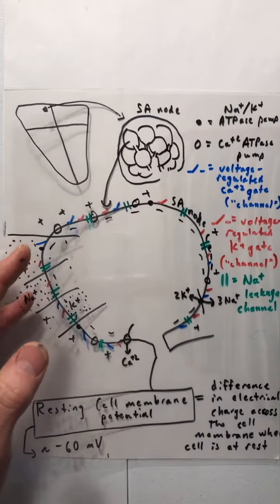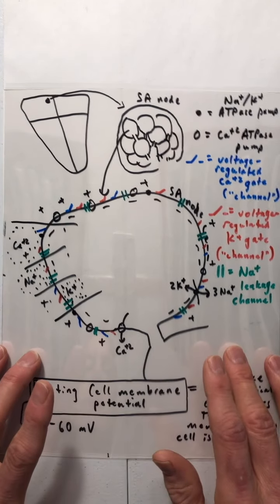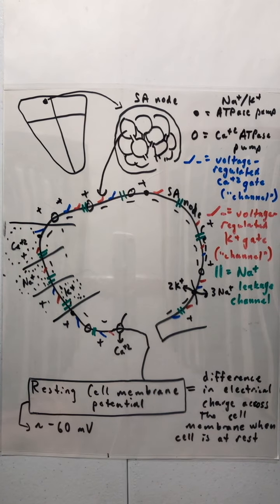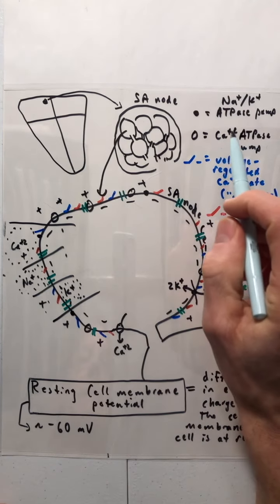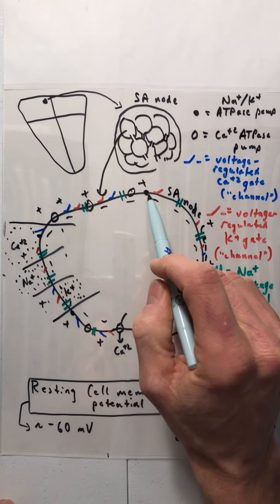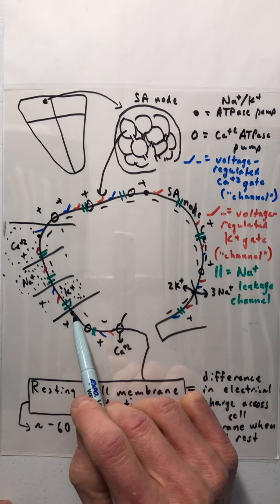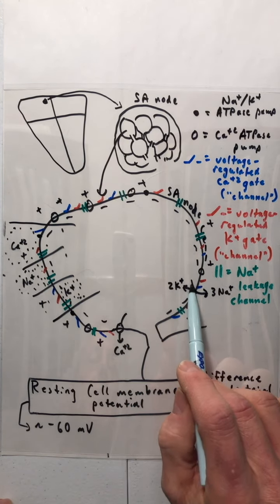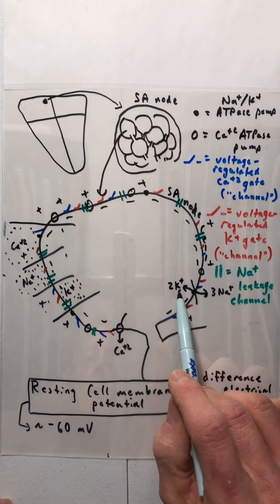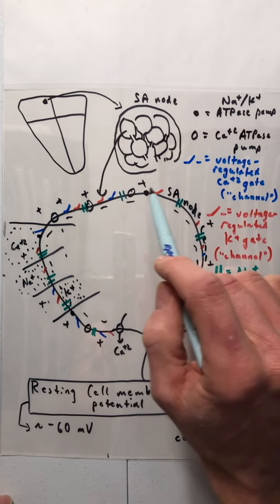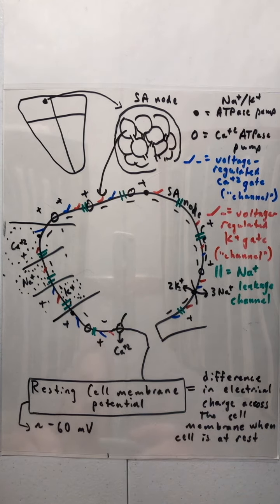These are your notes from the last lecture segment. I drew an SA node cell enlarged, and we talked about how these cells have some active transport pumps. The solid black circles are the sodium-potassium ATPase pumps, and we said they're pumping 3 sodiums out for 2 potassiums in, and there were calcium ATPase pumps pumping calcium out. Well, guess what?